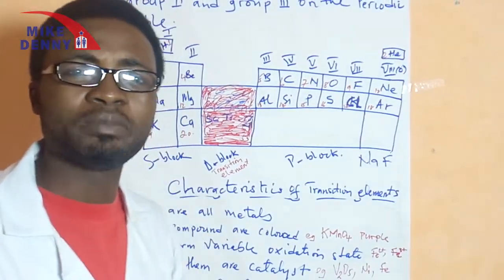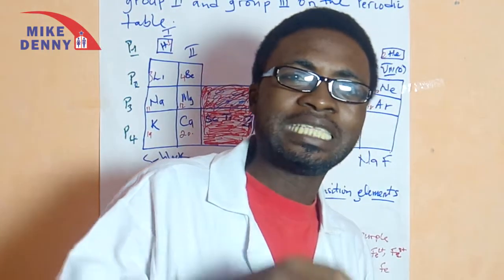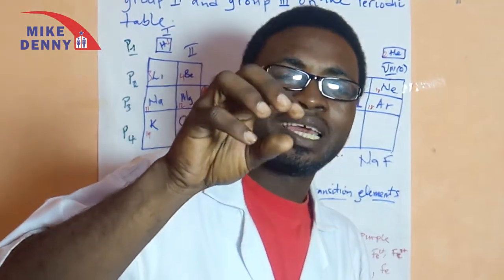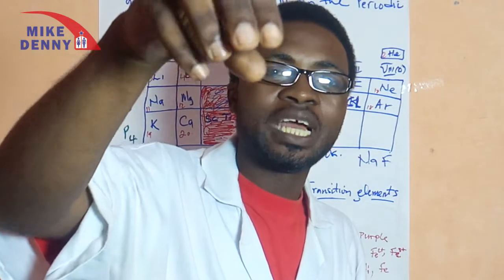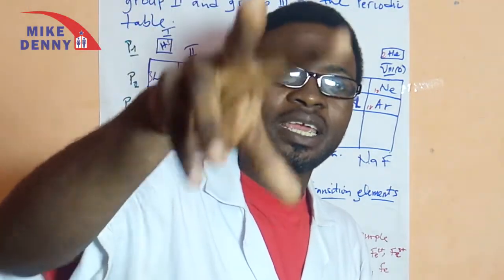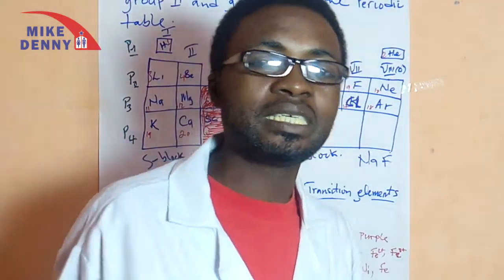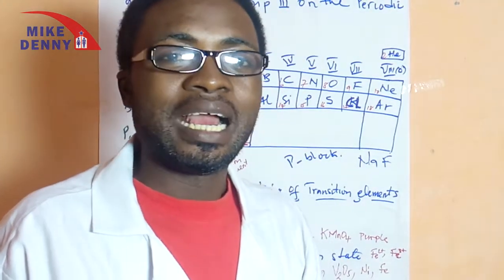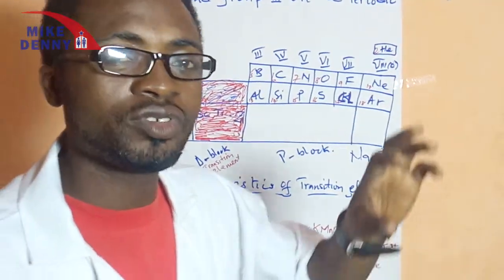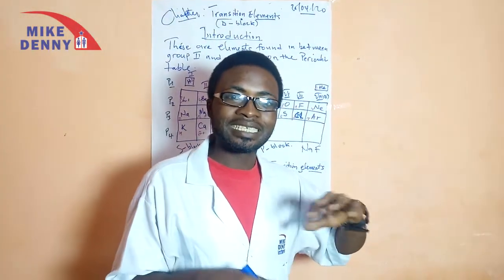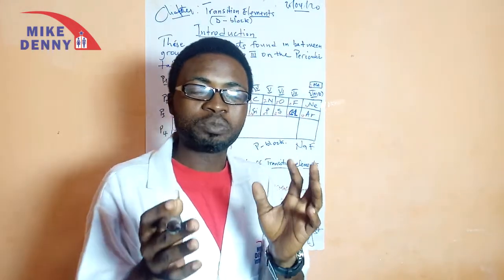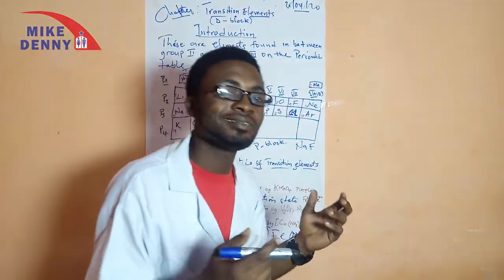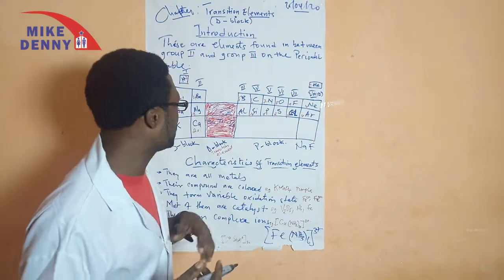Why do we call them the D block? They are D block element because the outermost electrons are filled in the D orbital. An orbital is that region or space in an atom that you are certain to meet an electron.